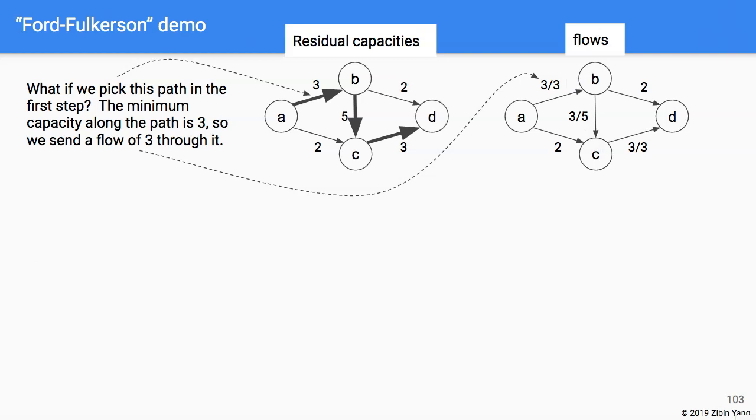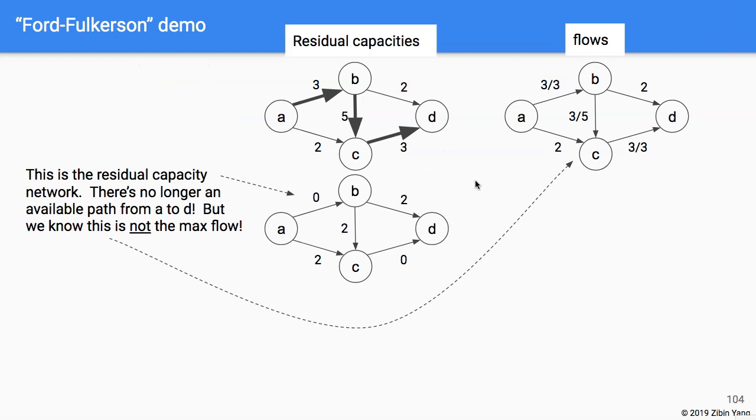And if you look at the residual capacity, after we send this flow through, the residual capacity of this edge is 0. Residual capacity of this edge would be 2, 5 minus 3. And then again, the residual capacity of this edge now is 0. Now, if you look at this residual capacity graph, you actually can no longer find another path from A to D. It's done for.